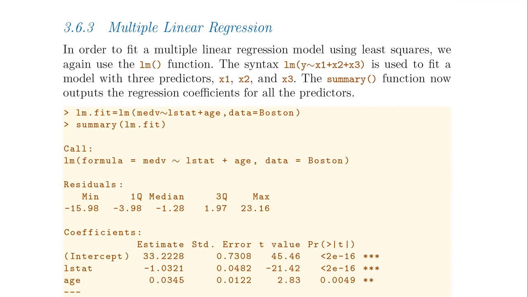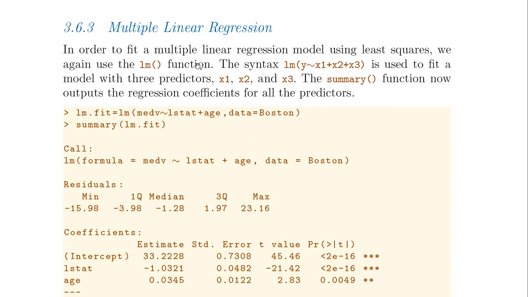So don't think of that as addition, as in you're actually adding the values. It's still 3 separate predictor variables. The summary function now outputs the regression coefficients for all the predictors.